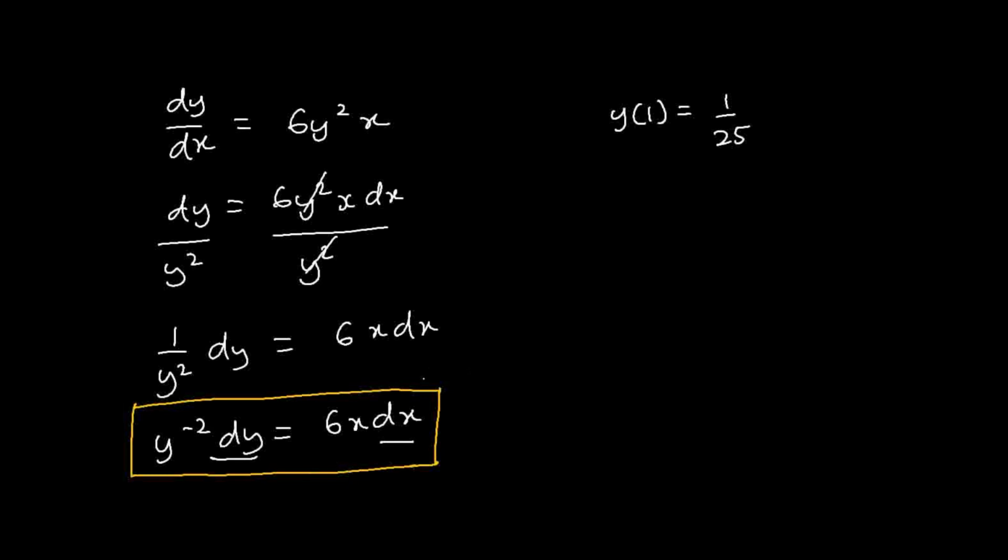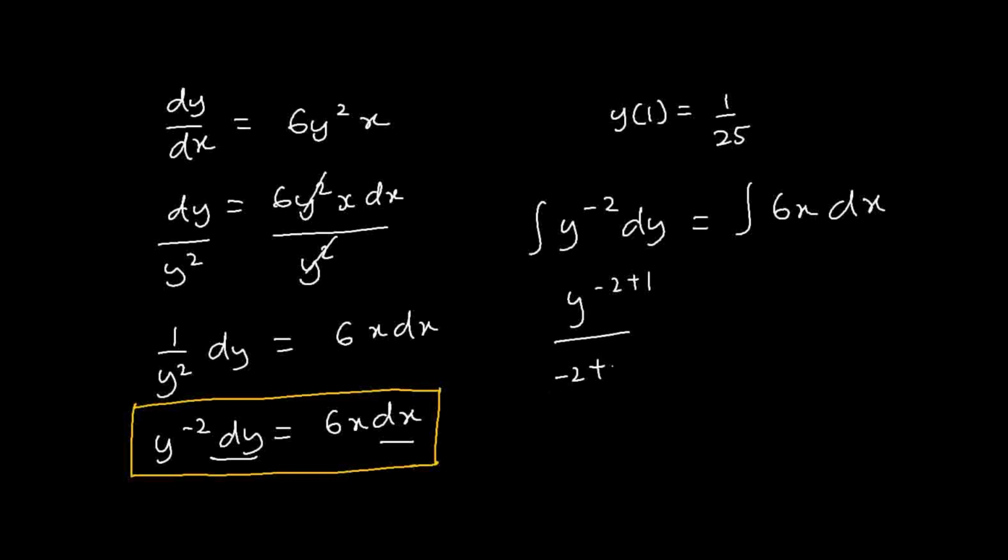To do this, you are going to take the integral of both sides. That will be the integral of y to the power minus 2 dy equals the integral of 6x dx. When I do this, this will give me y to the power minus 2 plus 1 over minus 2 plus 1.